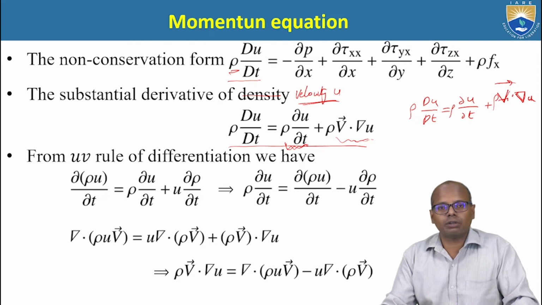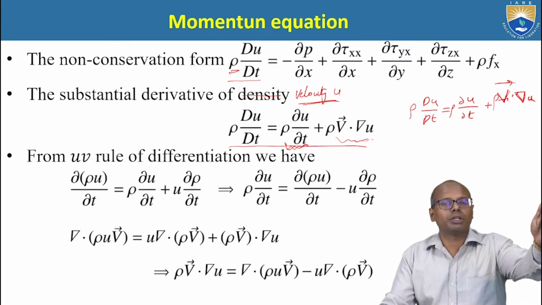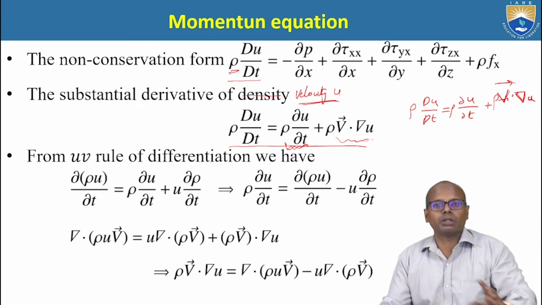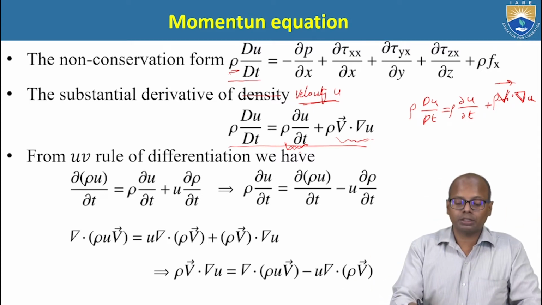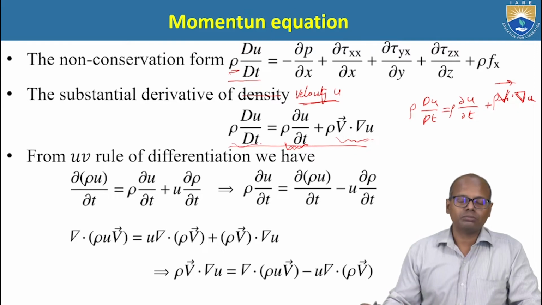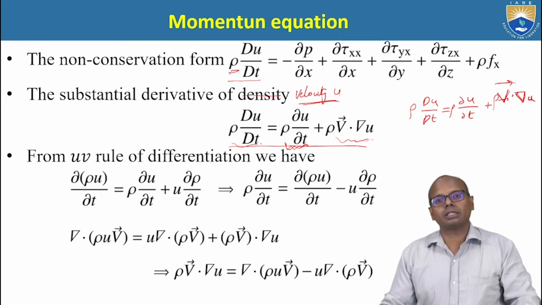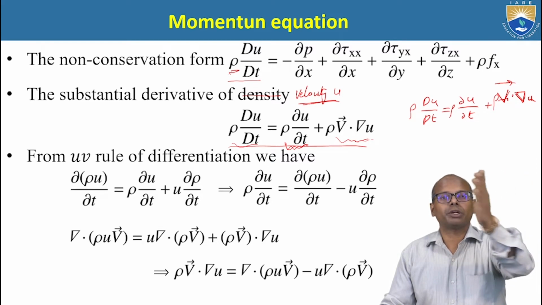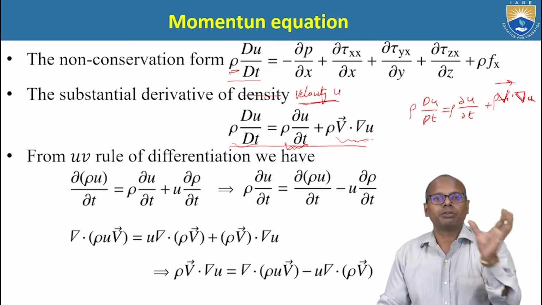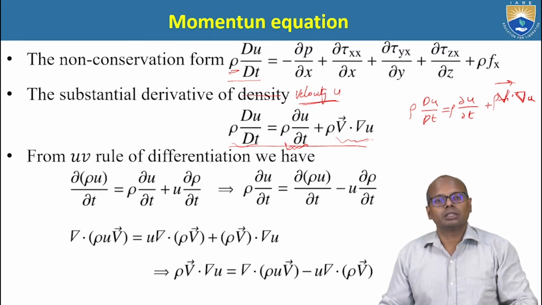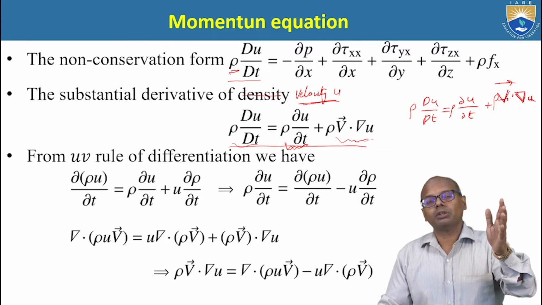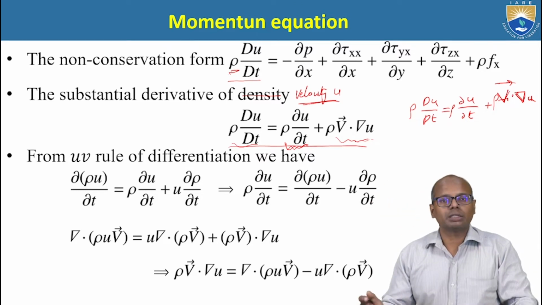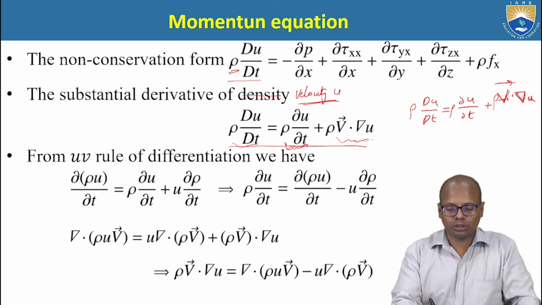Now the convective derivative means between two points, point 1 and point 2, if the fluid is moving, what is happening to the velocity. So the combination of these two is this du by dt. What it says is, when the fluid particle moves from one point to another point with respect to time, what is the total change? Okay, so that is the total derivative.